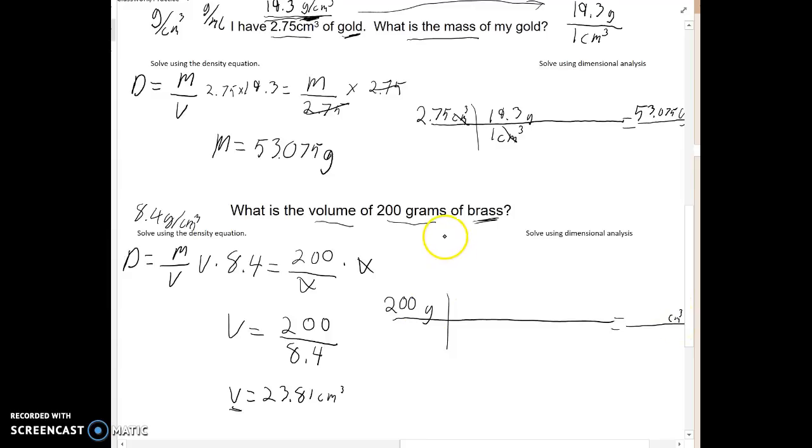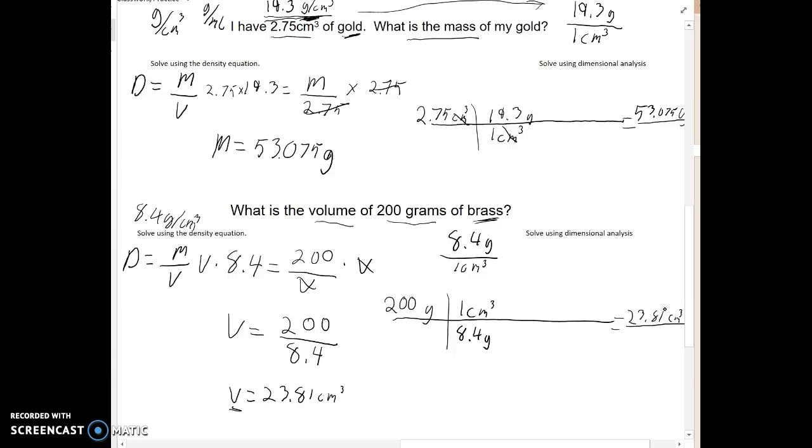Just like before, I'm going to write it as a conversion factor, 8.4 grams over 1 centimeter cubed. In this case, grams is here, so it has to go down here. I'm going to flip my conversion factor over, 1 centimeter cubed over 8.4 grams, and then divide and get the same answer, 23.81 centimeters cubed.